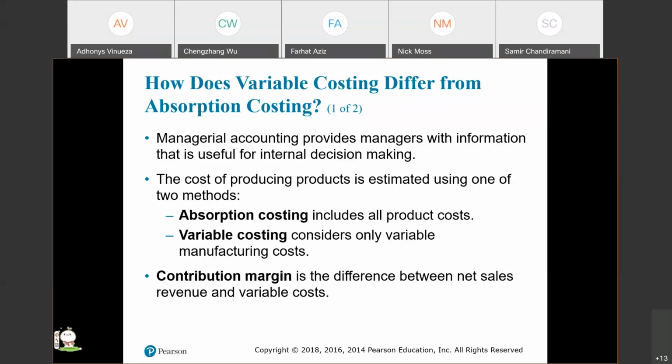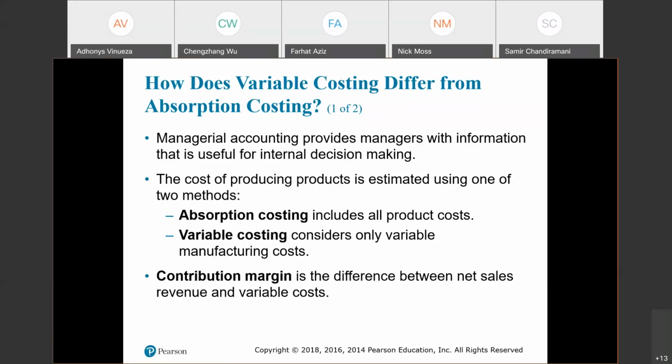Variable costing is an alternative costing method that considers only variable manufacturing costs when determining the cost of products.